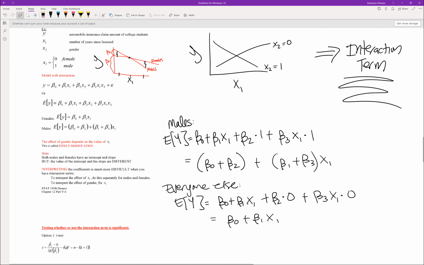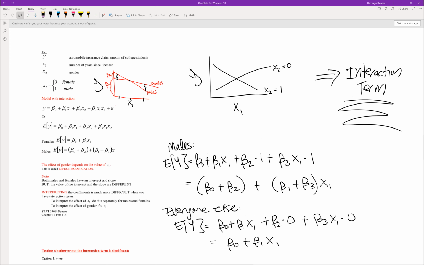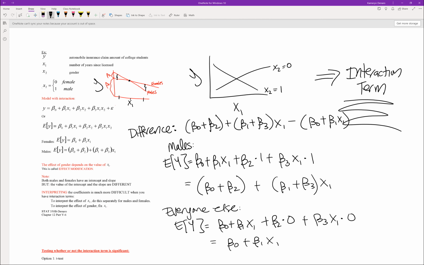If we take the difference between these two groups, we get beta 0 plus beta 2 plus beta 1 plus beta 3 X1, minus beta 0 plus beta 1 X1. Beta 0 minus beta 0 is 0.